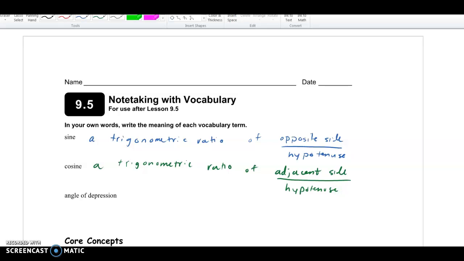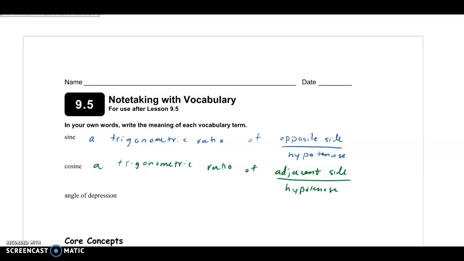Now, an angle of depression, you're going to have some word problems that use this. So let's just have a note of that. It's going to be used in word problems. The best way to look at it is if you have a horizontal segment and then the angle that is going down.